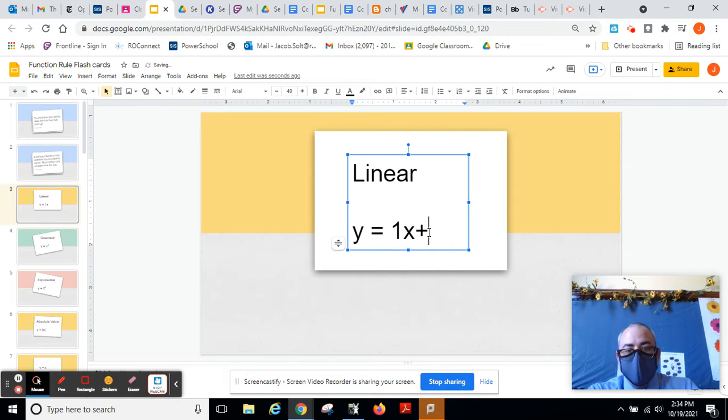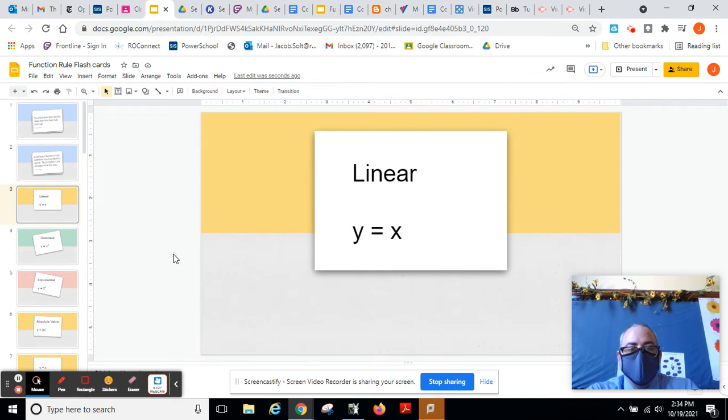Really, this is plus 0, because plus or minus 0 doesn't change anything. So sometimes we leave things off because they're not necessary. Whenever it's y equals a number times x plus or minus another number, that's a linear function. That's how we know when we get a linear function.